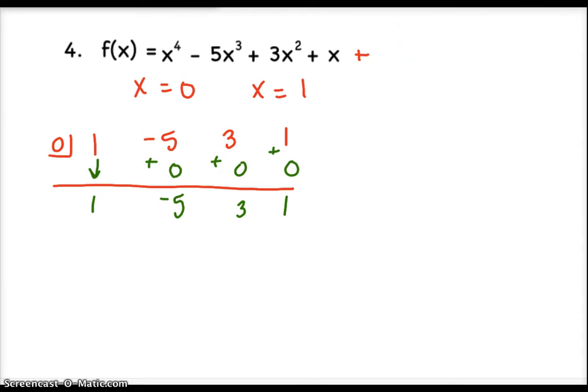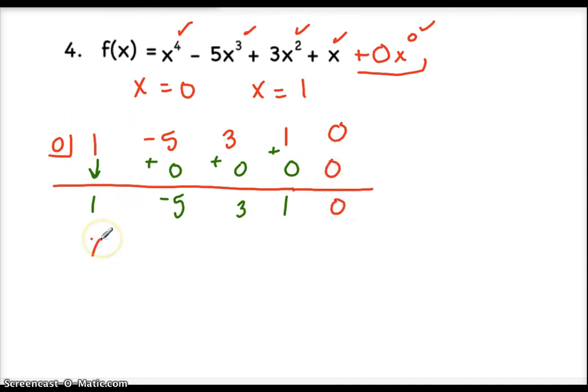So our constant term is 0x to the 0. So I need a place marker for that final constant term 0. We have x to the 4th, 3rd, 2nd, 1st, and we have to have a place marker for x to the 0. 1 times 0 is 0, and we do get a remainder of 0.